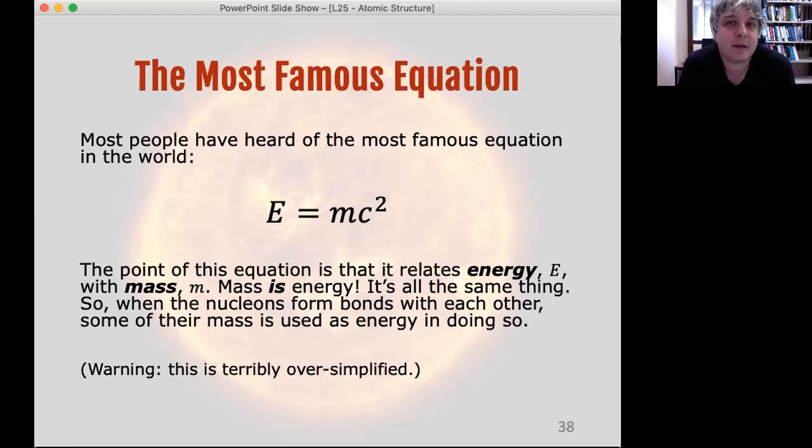So when nucleons form bonds and form a nucleus, they use some of their mass as energy. That's a slightly oversimplified version of what's going on. It's certainly not enough for you to go off and do any calculations and figure out these new different masses, but it hopefully explains the core idea behind nucleons having different masses.